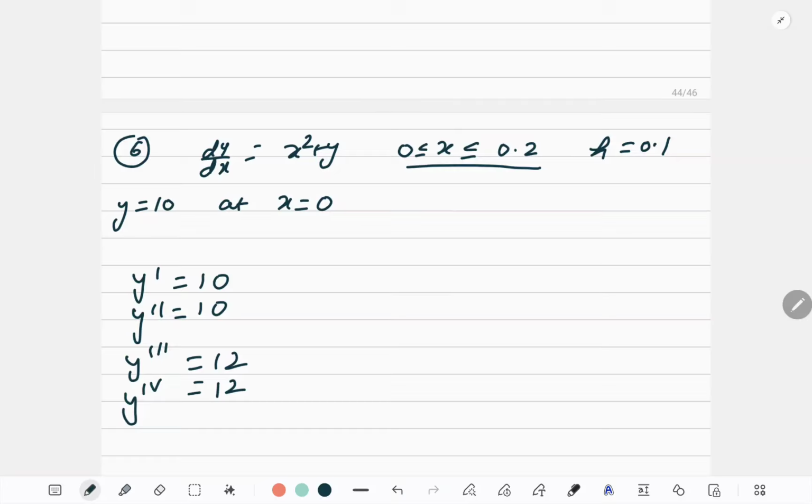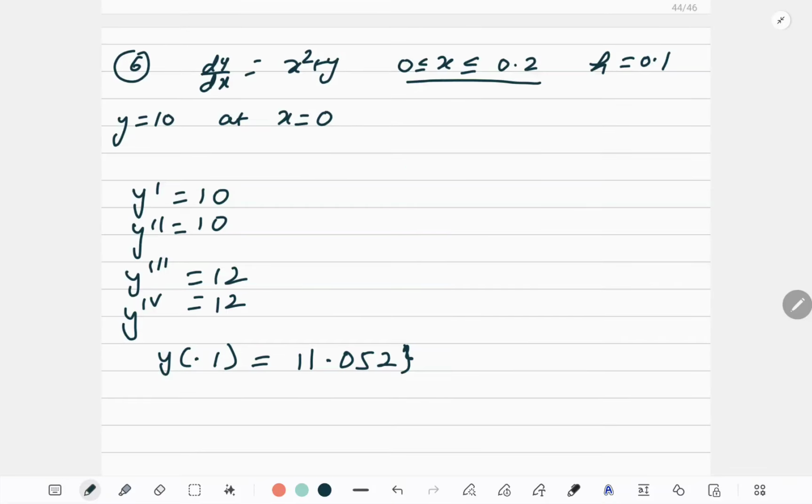Then write down the series and then substitute the value. Once you substitute the value x is equal to 0.1, you will get 11.052, right? So this will be your first stage answer. Now see, in this, next what you have to do: h is 0.1, so step size is 0.1.